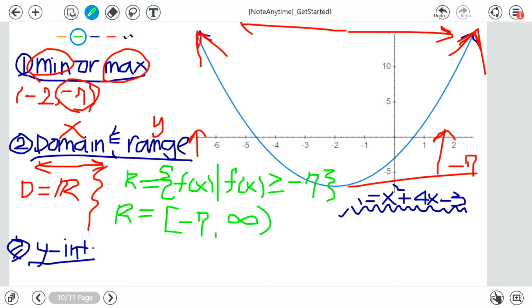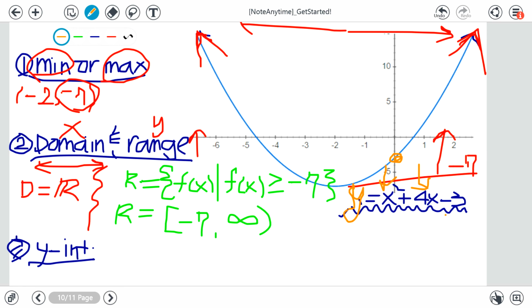Not bad? Okay, now y-intercept. Y-intercept has to be one of the easiest things to find. The y-intercept is the point where your graph crosses your y-axis, and I would say it's about here. The easiest way to find it is to set x equal to 0, and that's the point where your graph will cross your y-axis.